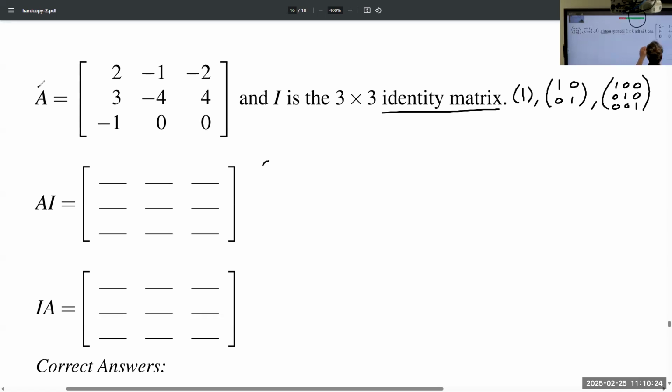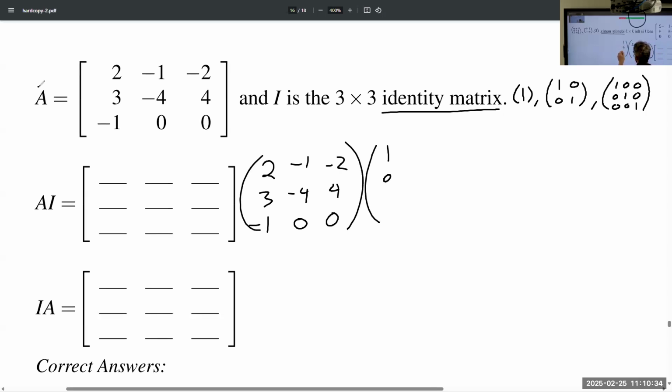What does that equal? Well, I claim that's going to work the exact same way as multiplying by the number 1. So the identity matrix is a square matrix where the diagonal is 1s, everything else is simply zeros.